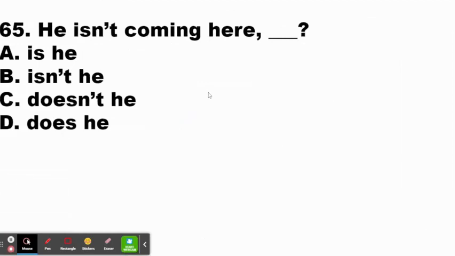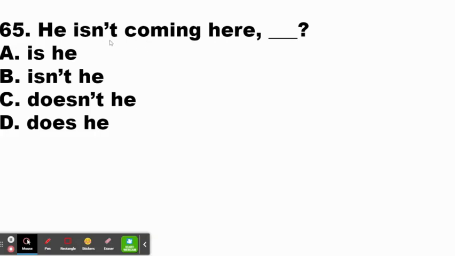65. He isn't coming here, dash. A, is he? B, isn't he? C, doesn't he? D, does he? Again, I have to restate the rule of tag questions. We call this negative, positive. When you have a negative in the statement, you should have a positive in the tag.